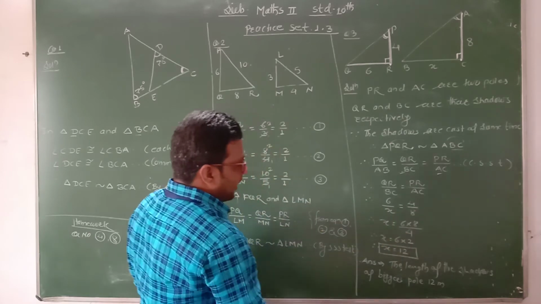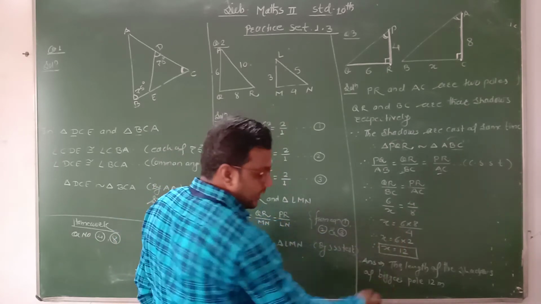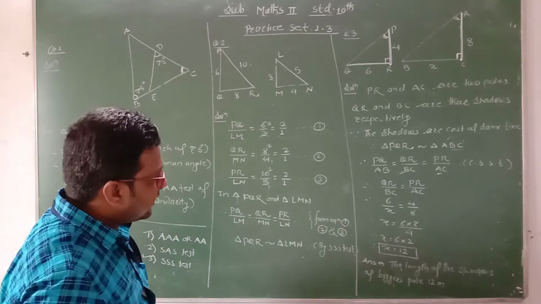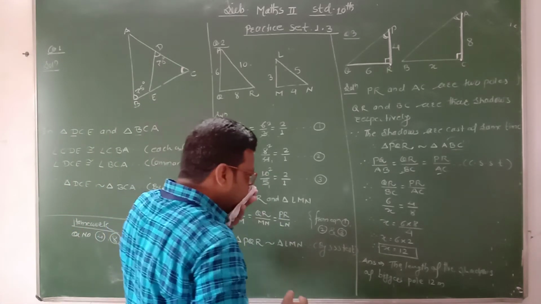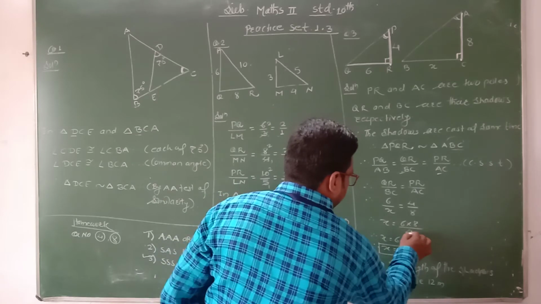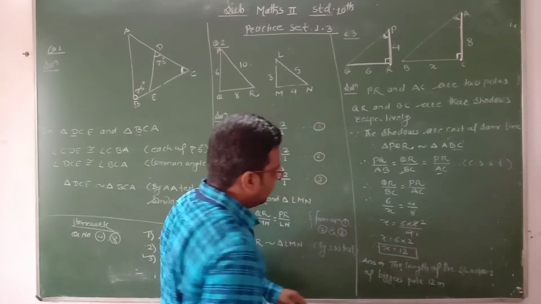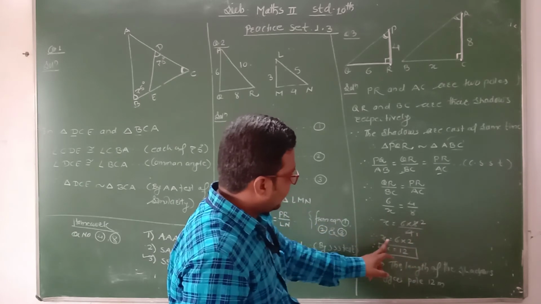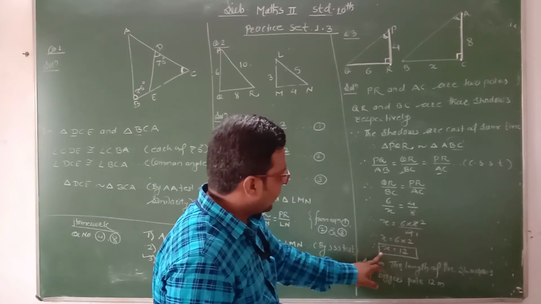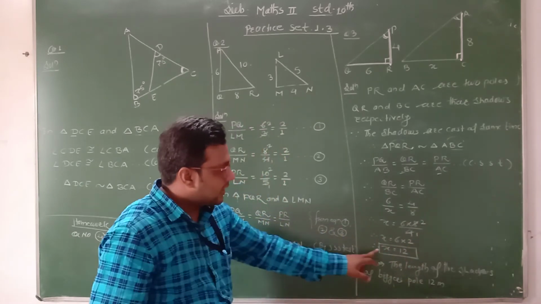Then by cross multiplication we get X is equal to 6 into 8 upon 4. Then 4 1s are 4, 4 2s are 8, so here we get in the numerator 6 into 2 divided by 1, that is X is equal to 6 into 2. Here we get X is equal to what? 12. X is equal to 12.